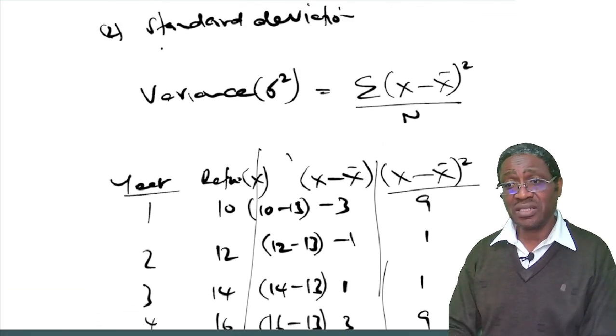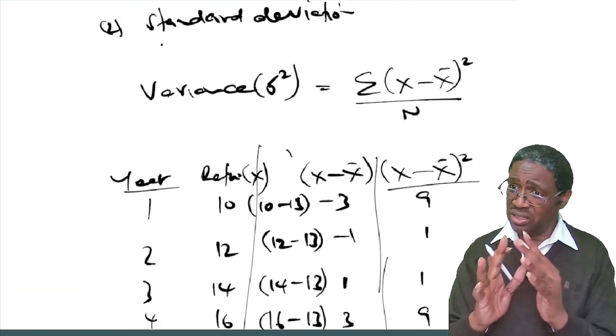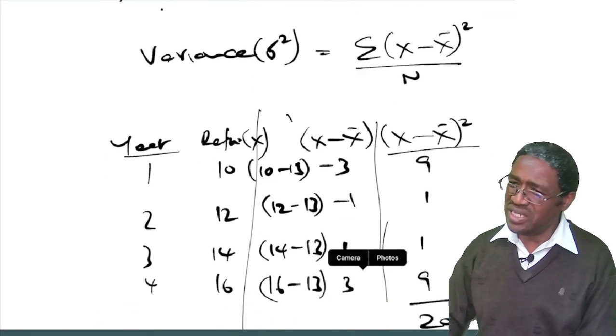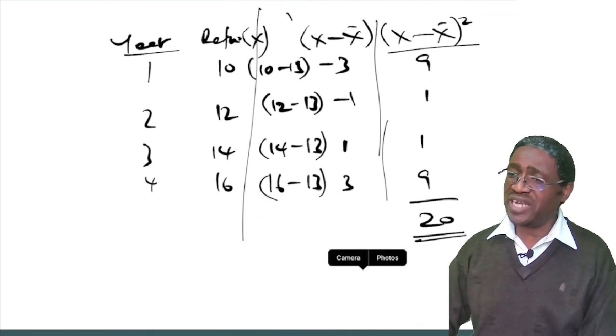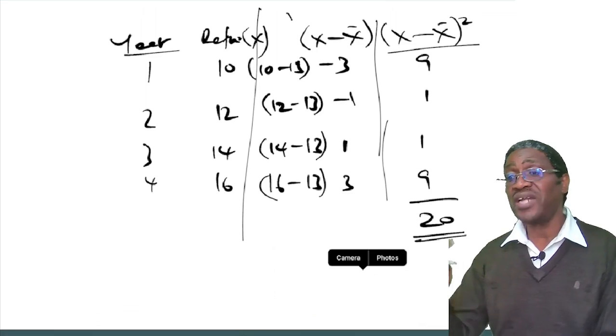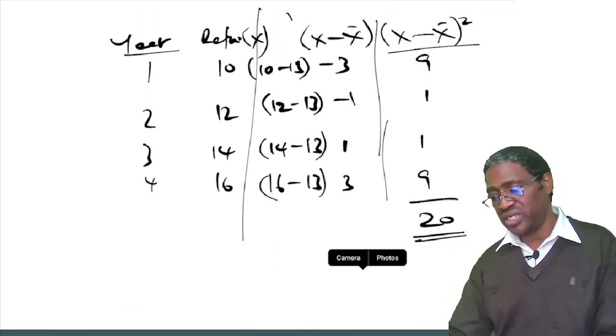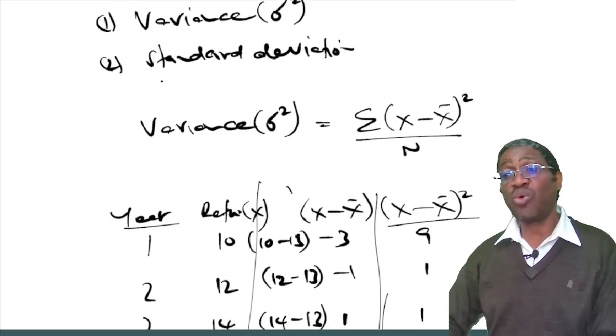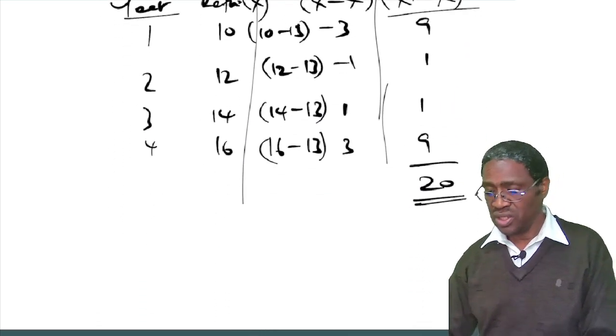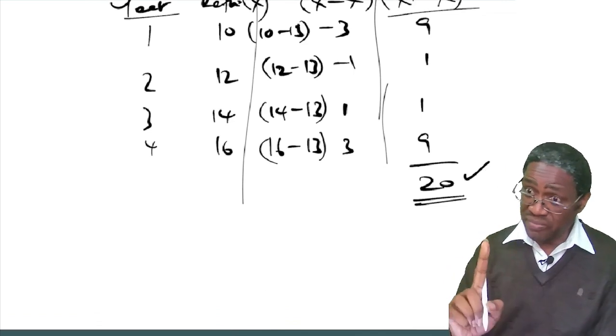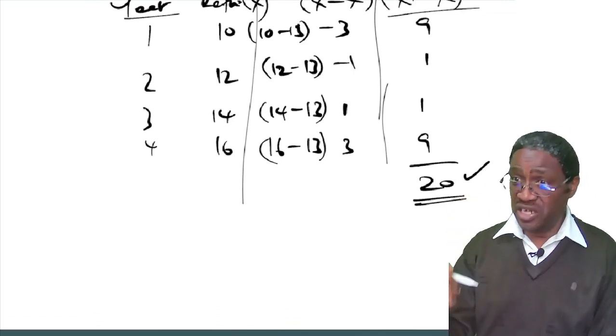By n. It's like I'm getting the mean of the squared deviations. This 20 is the sum of the squared deviations.